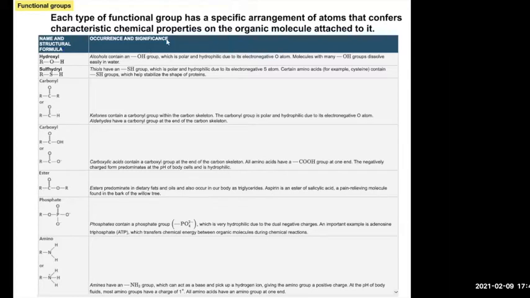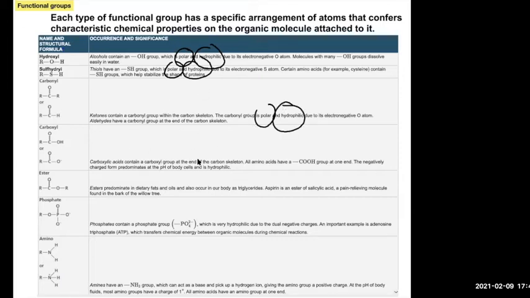And then you'll notice also in the description of these, I'm going to say things like polar, hydrophilic, right? Molecules with many OH groups dissolve in water, right? This one right over here, polar, hydrophilic, right? So that's an important point. Ketones, right? What else? Polar, hydrophilic, right? This is its interaction in water.